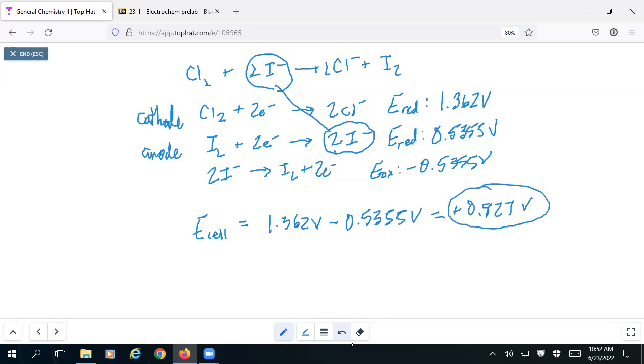So either way you cut it, whether you flip the reaction and flip the sign, add them together, or you recognize cathode and anode and you do your subtraction, 0.827 volts is going to be your answer. And so that's probably the hardest thing to put your brain around as far as this electrochemistry stuff is concerned, is I'm given a table of just reductions.